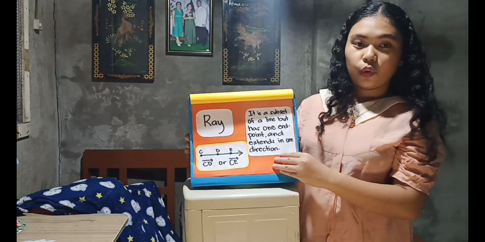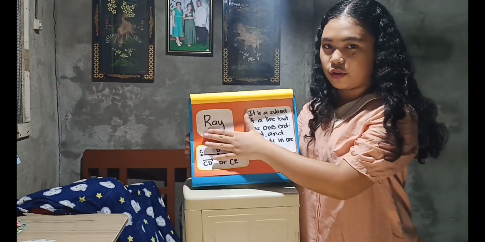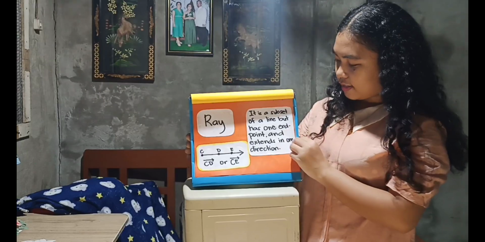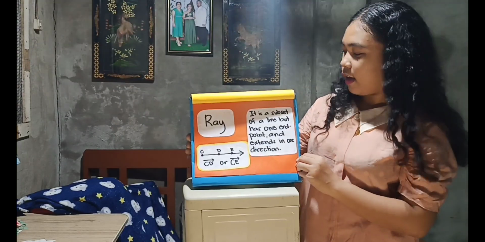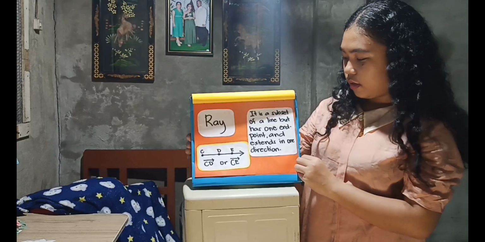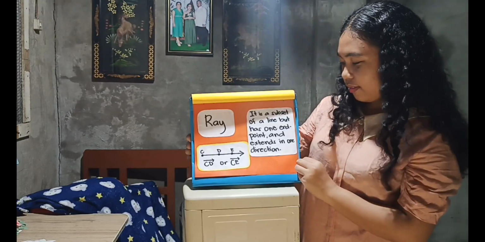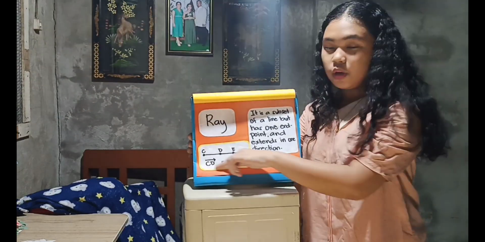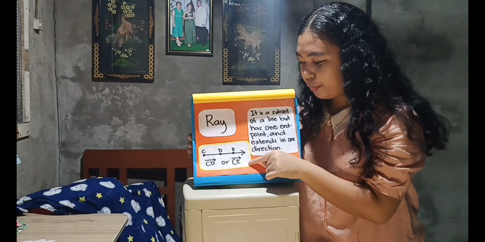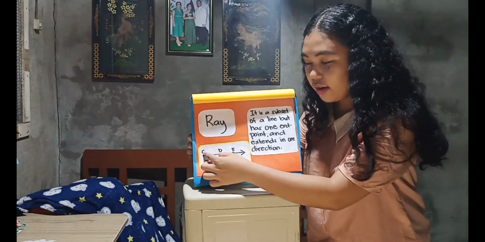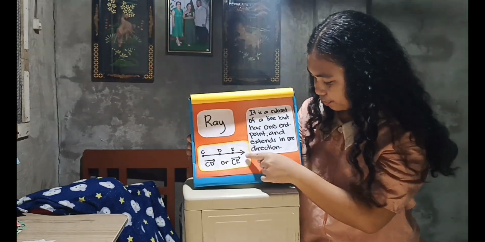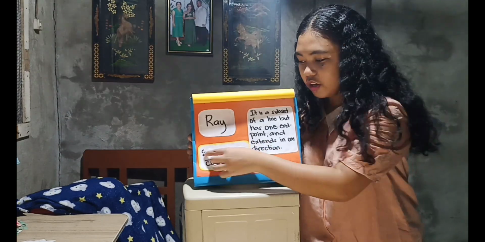And lastly we have the ray. So what is a ray? A ray is a subset of a line but has one endpoint and extends in one direction. You can see in the example that it has one endpoint and extends in one direction.